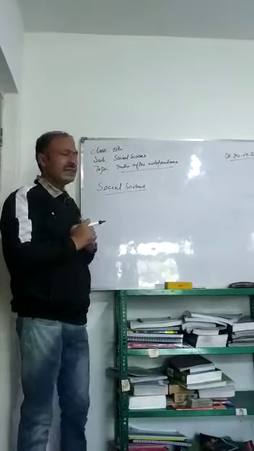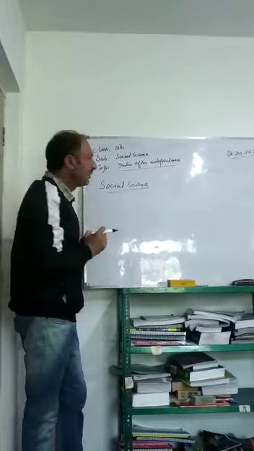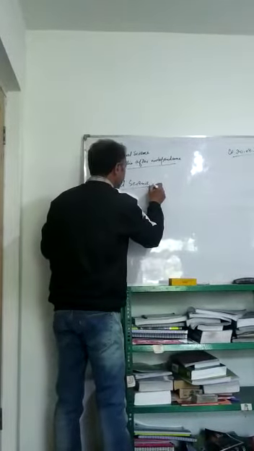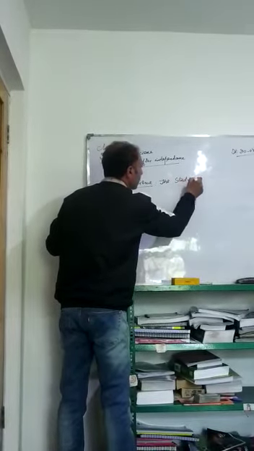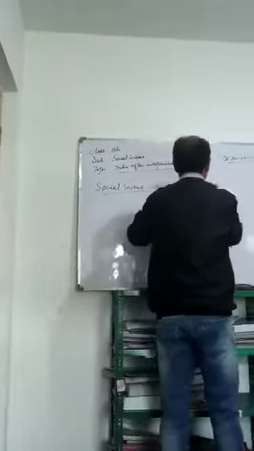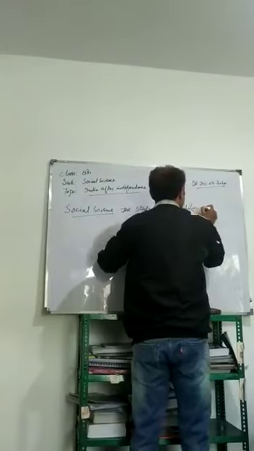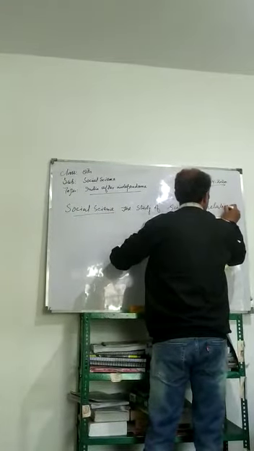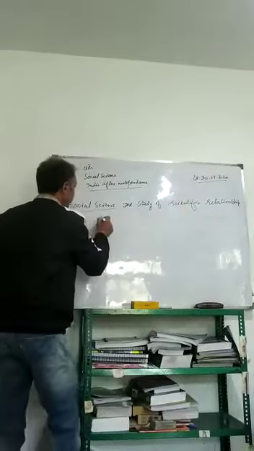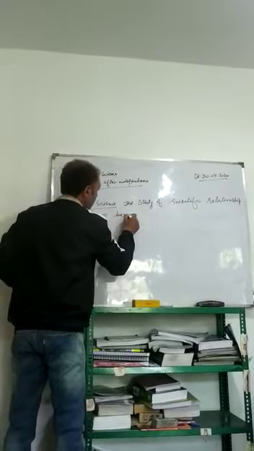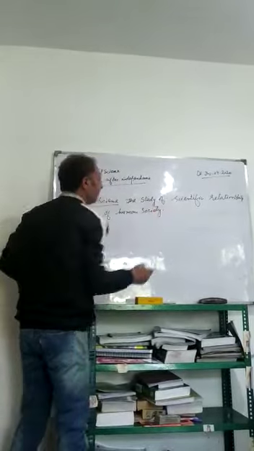Social science is the scientific study of the relationship of human society. The study of the scientific relationship of human society.